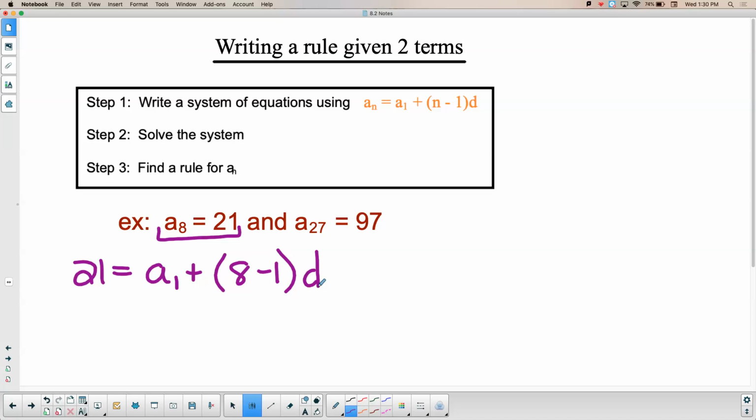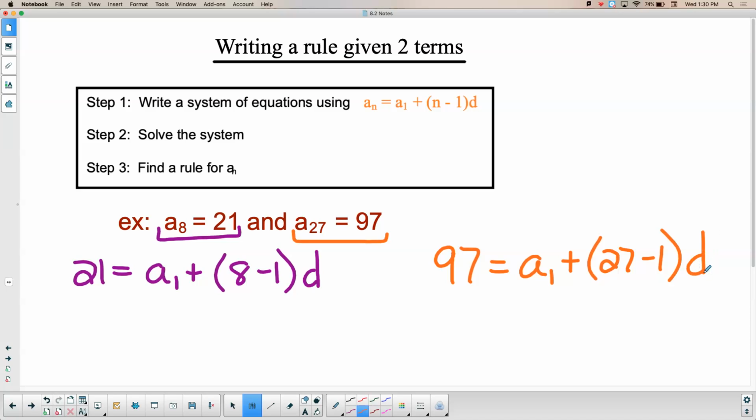So I can fill in that for that particular term. For this particular term, my second term, I would say 97 is equal to a sub 1 plus 27 minus 1 times D.